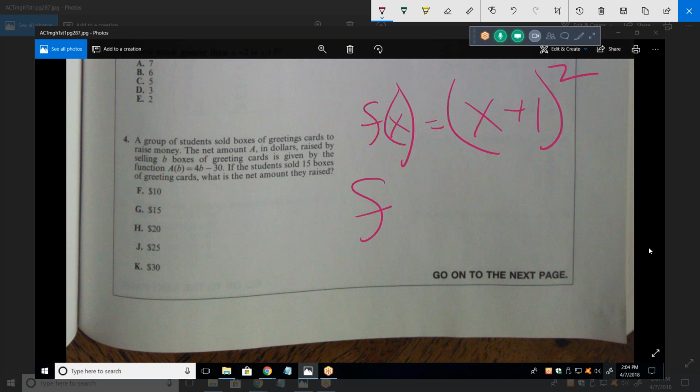Tell me what f of 3 is equal to. 3 plus 1 squared? Give me an answer. Oh, 9? What is 3 plus 1? 4. What's 4 squared? 16. That's the answer.